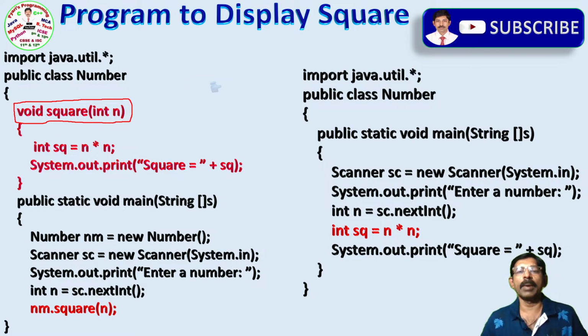Quickly tell me, the method that I am showing over here, which category is it coming under?